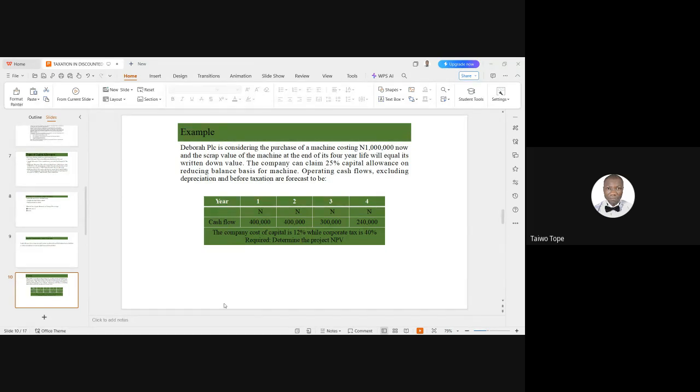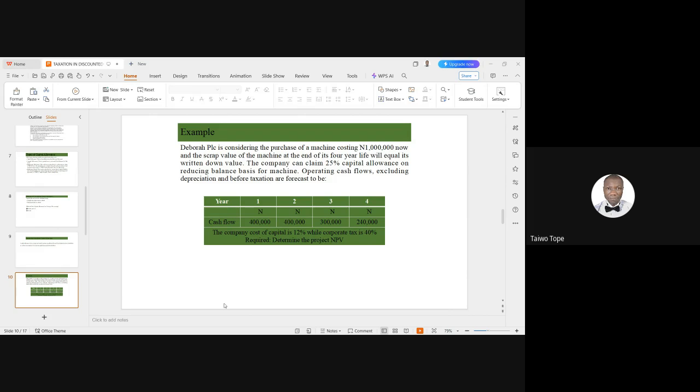Looking at this question, you see that the company can claim 25% capital allowance on reducing balance basis. It means the result in year one in terms of capital allowance, you deduct from the actual cost in year one.